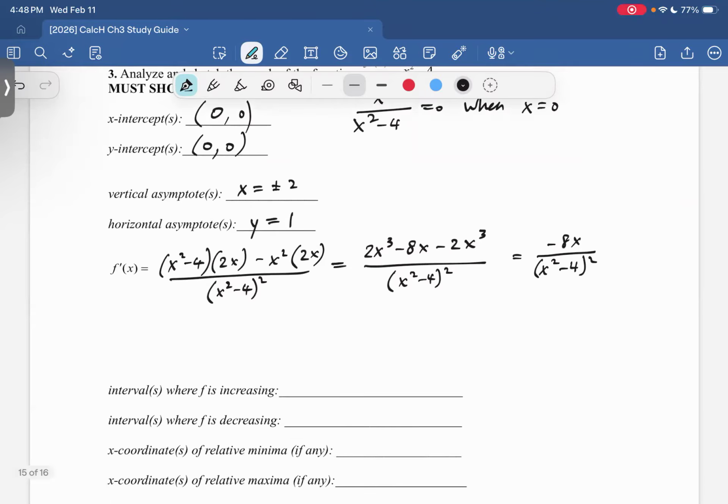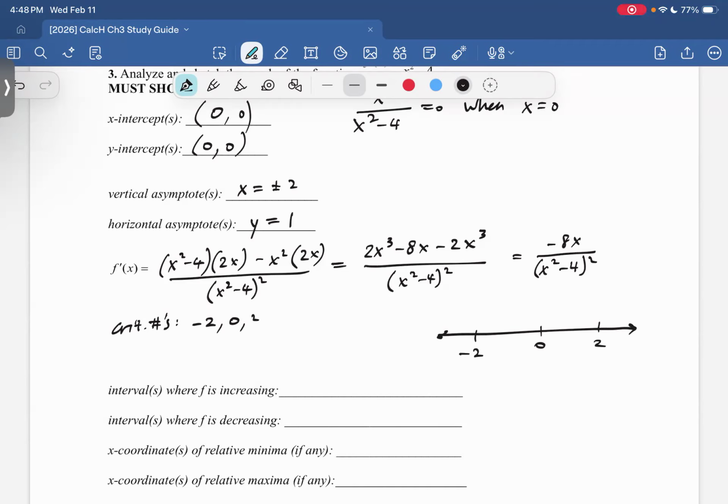So what are the critical points? The critical numbers are going to be whenever the derivative equals 0 or is undefined. So that's -2, 0, and +2. So we'll have to split up our number line like that: -2, 0, 2.